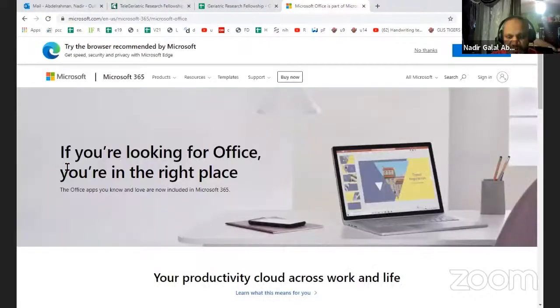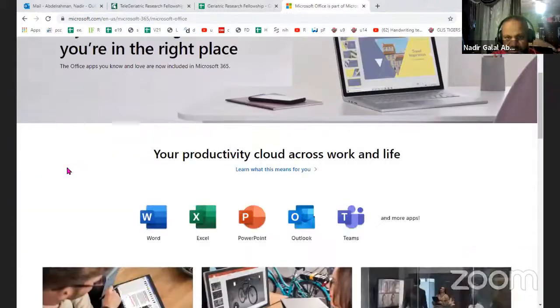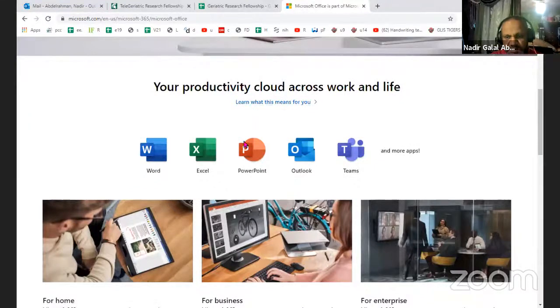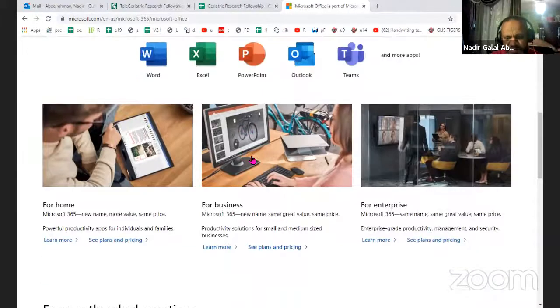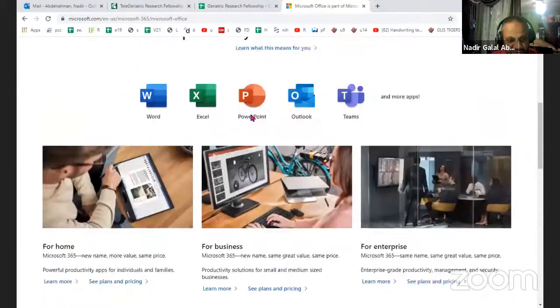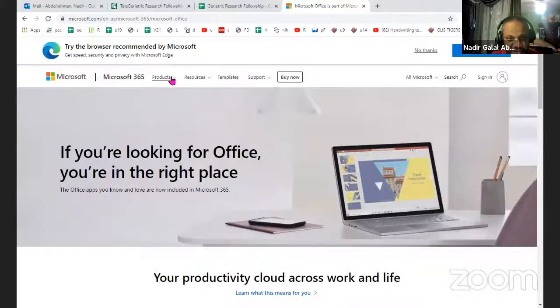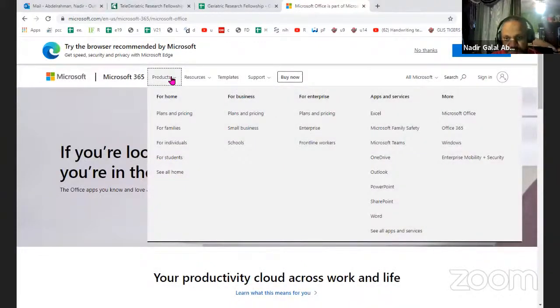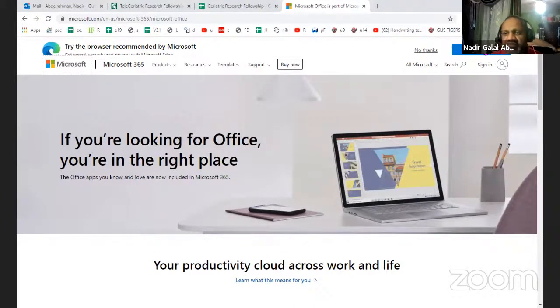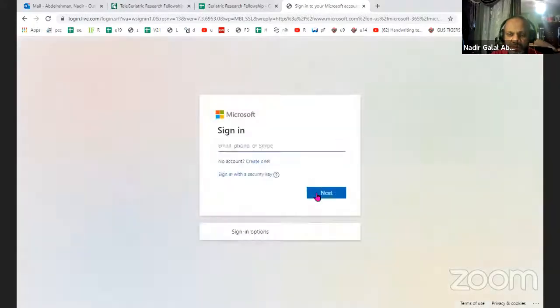When you open it... Do you have PowerPoint, or can you do that? I think I can log in. Yeah, if you log in, it will be available for you.